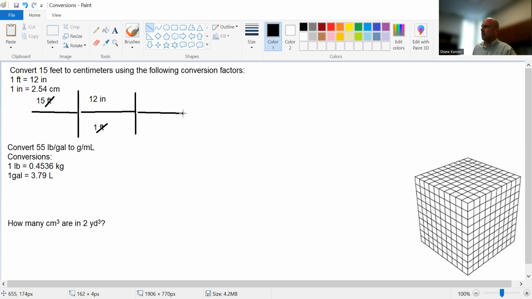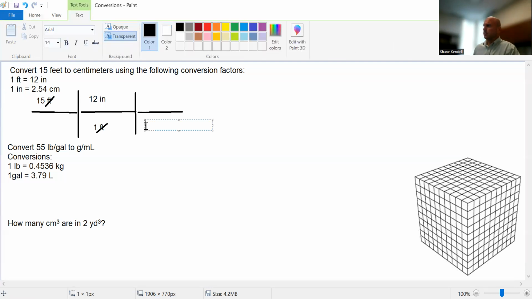And again, we want to cross off these units. So if inch is in the numerator here, I have to have inch in the denominator in the next one. And so again, I'll look at my conversion factors. 1 inch is going to be equal to 2.54 centimeters.